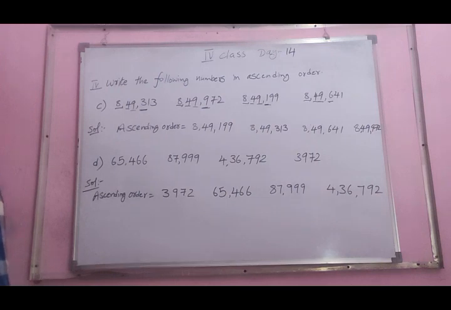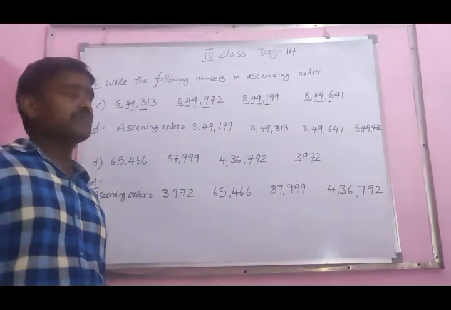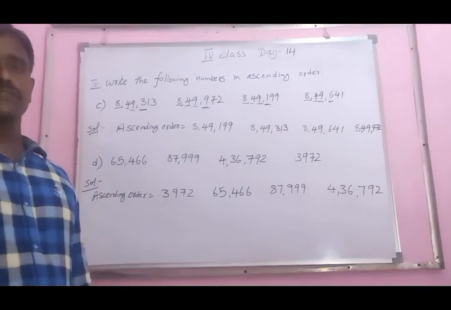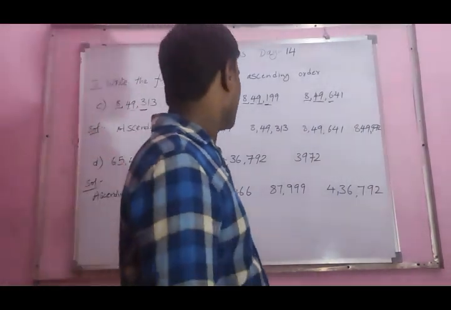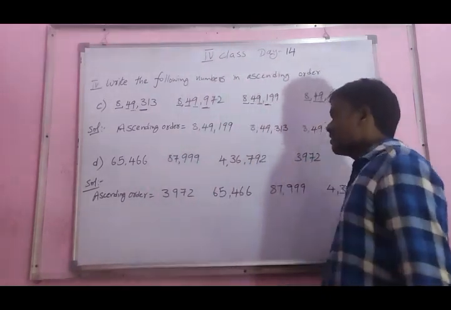Third number is 6 digits. So in these two numbers, the 10,000 place value is here 6, here 8. Yes, we know that 6 is a small number than 8.